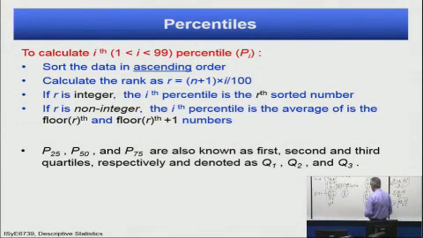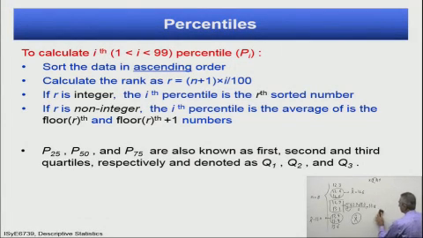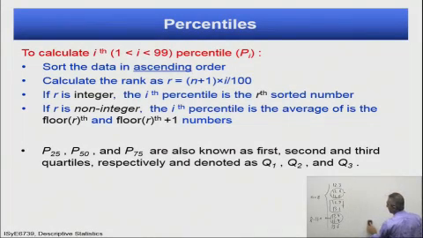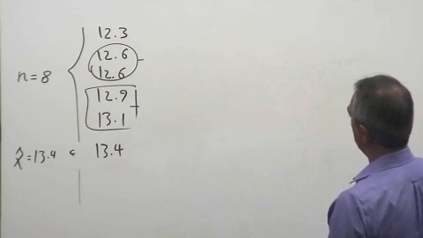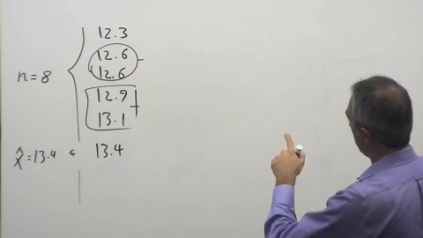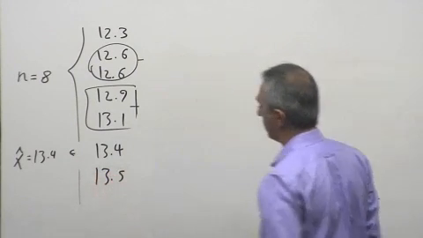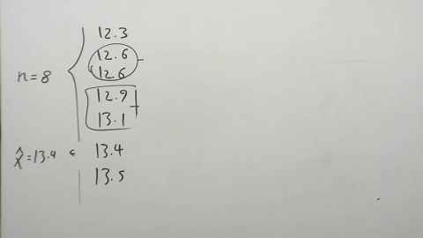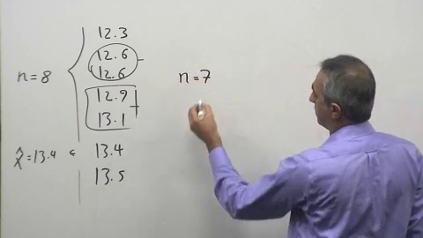Let's see for this example if you want to calculate. Three, four. How many? Three. Had one more. 13.5, I think. Okay. If you want to calculate the 25th percentile for that, then n is equal to 7.